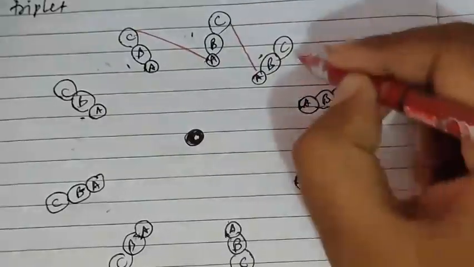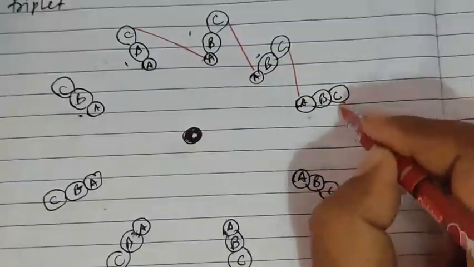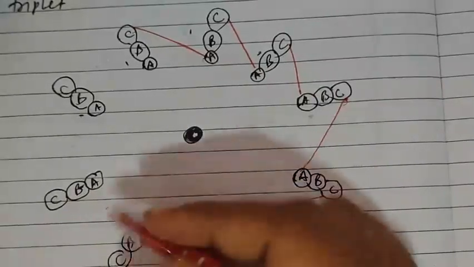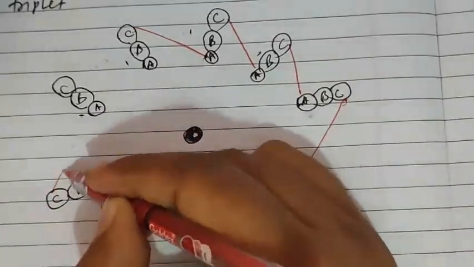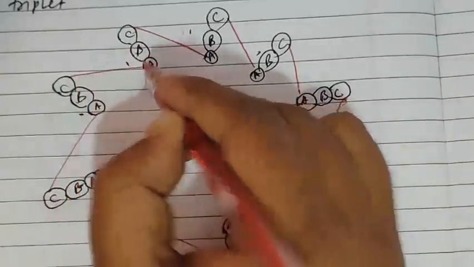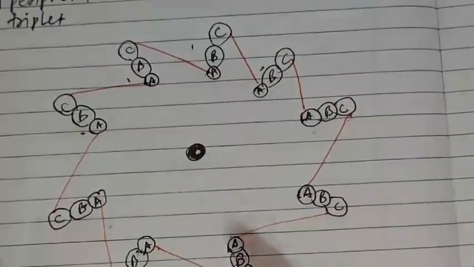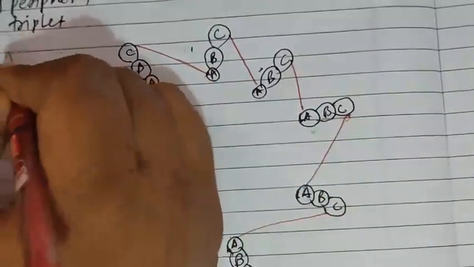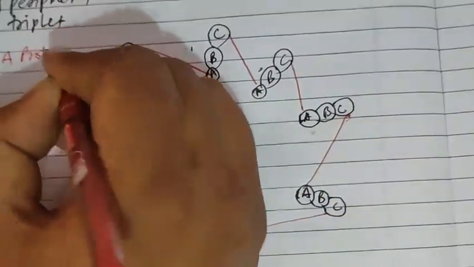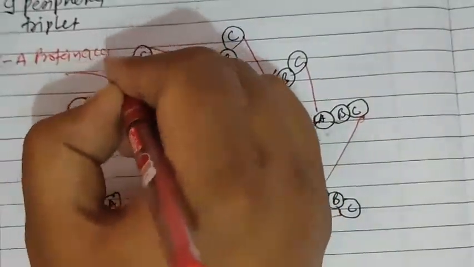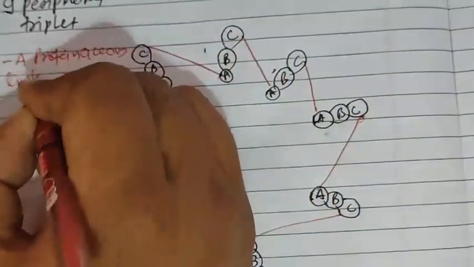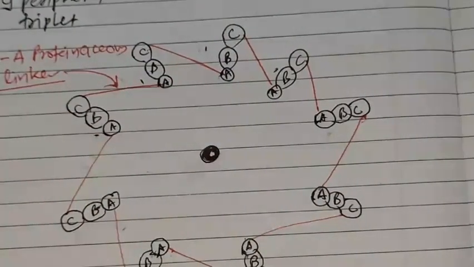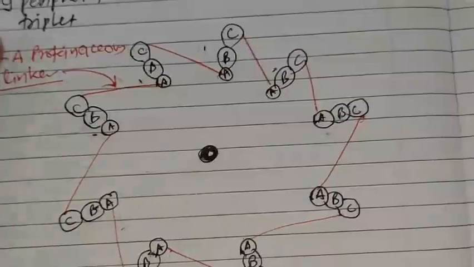So C joins with A. When C joins with A, this is known as the CA proteinaceous linker, or CA linker, which joins the C of one microtubule to the A of the next microtubule.